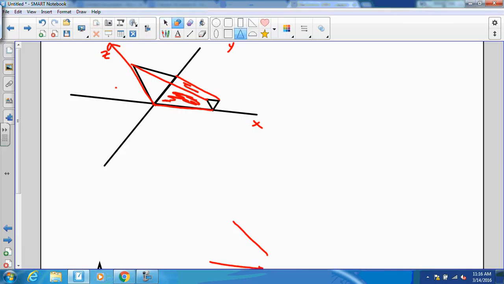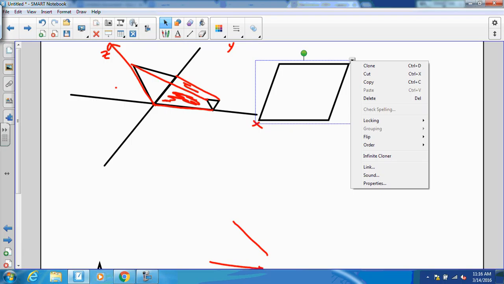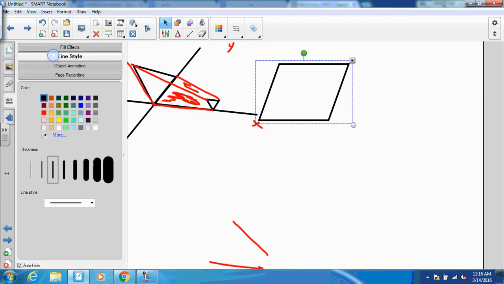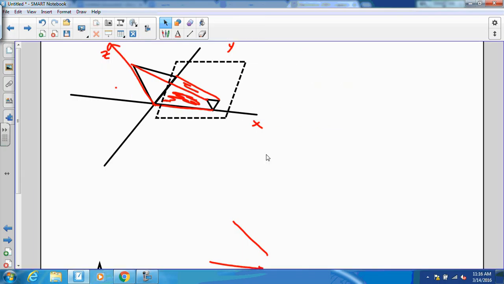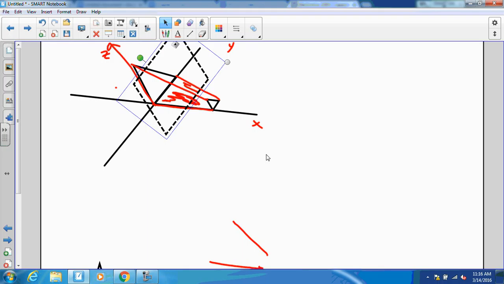And now if I were to take a plane, and let's make this dotted so we understand that it's a plane, and cut perpendicular to the x-axis.